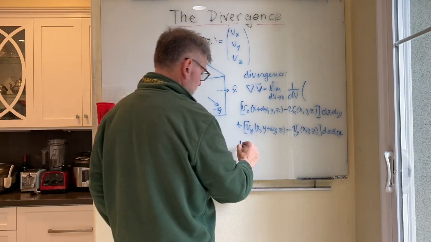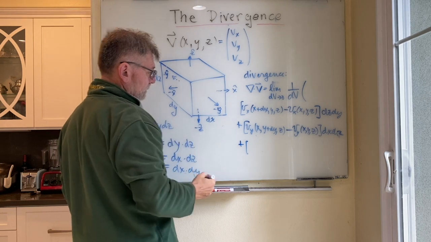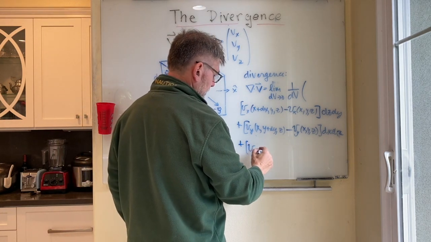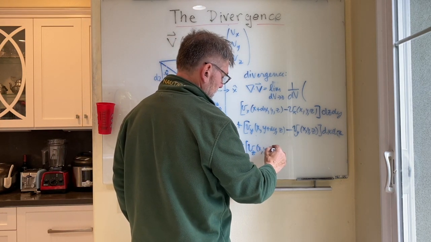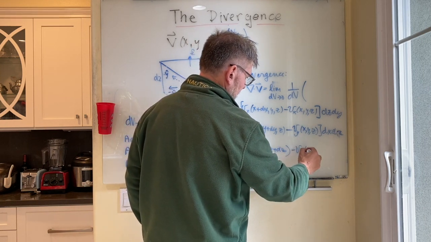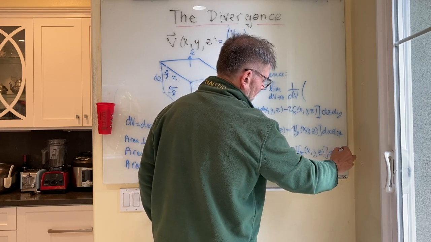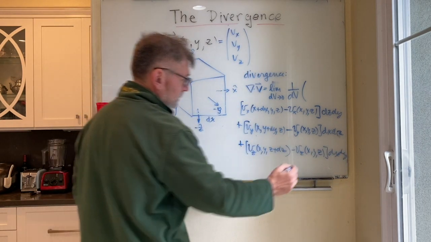And the last term is out through the top and the bottom. So out through the top is vz at x, y, and z plus dz, minus vz at x, y, and z, and then the area is just dx dy. And then I can close my parenthesis.